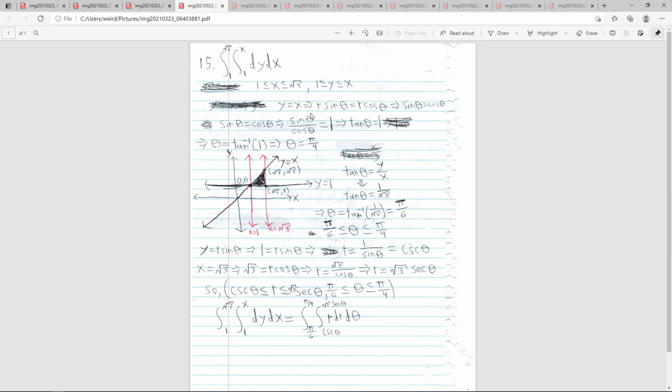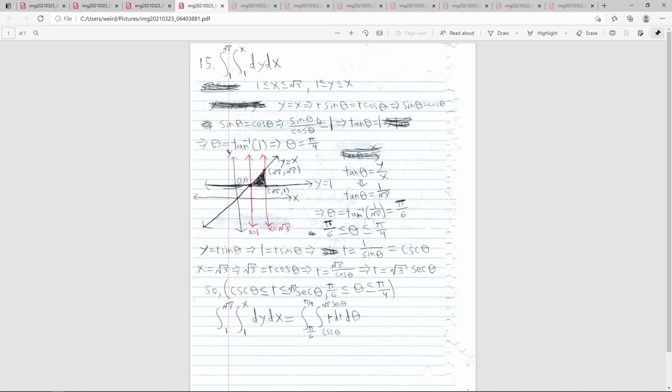One way to do this is y equals x, which is the upper limit for y. We can take this as r sine zeta equals r cosine zeta, because that's what x and y are equal to. That means sine zeta equals cosine zeta.